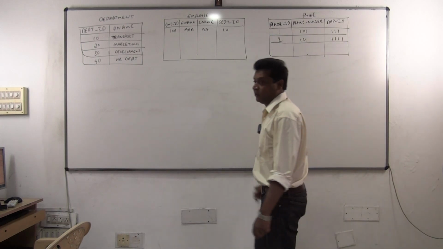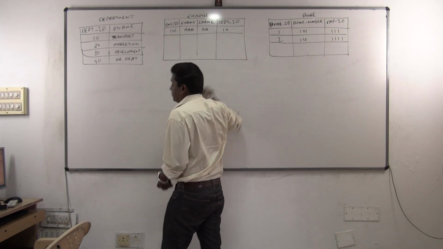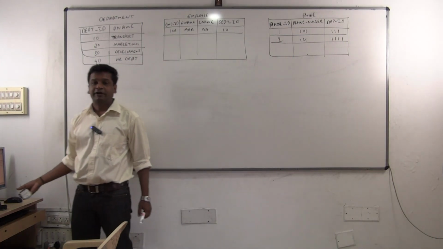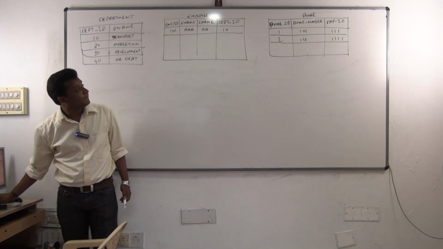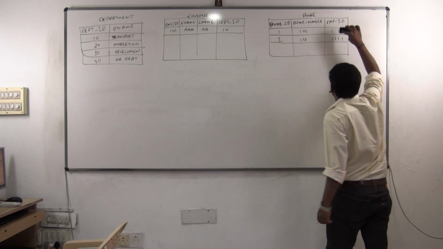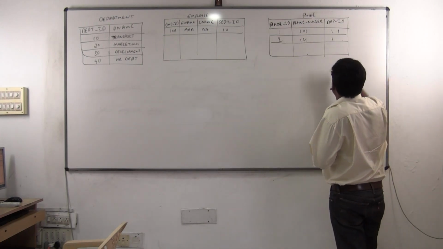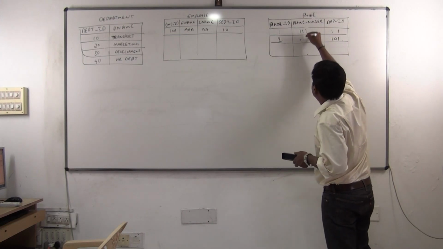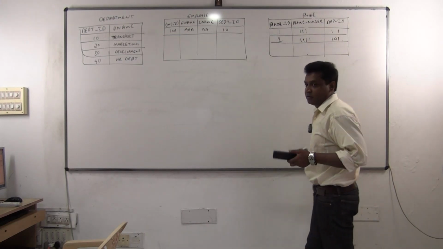Tell me now, how will you write the query for this? Sorry, I made a mistake. Employee ID is 101. Phone number will be. So this is what I have to fill now.